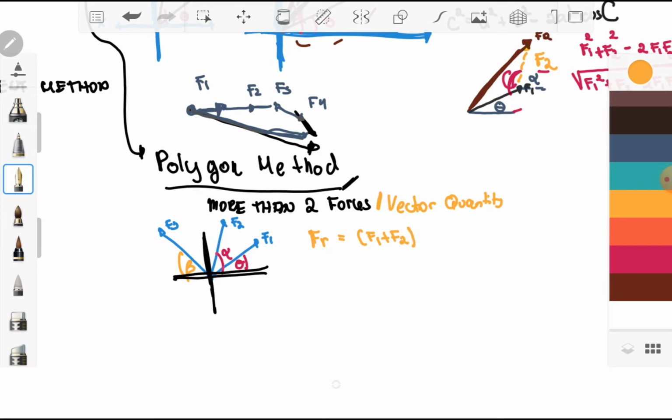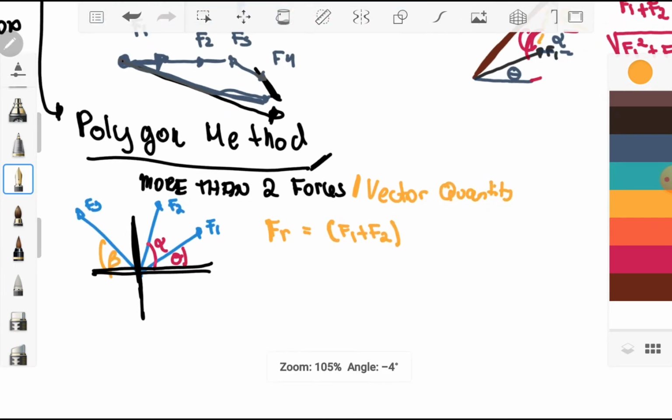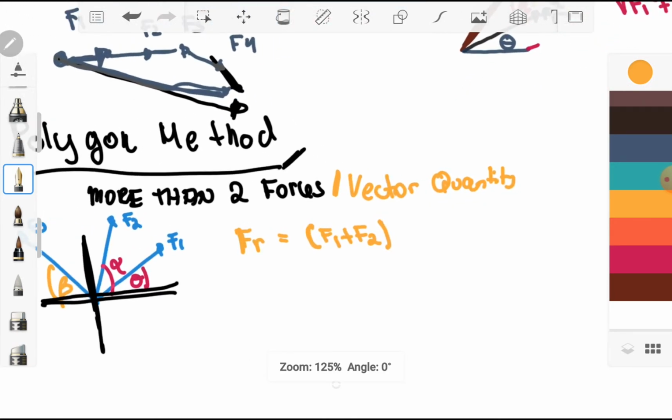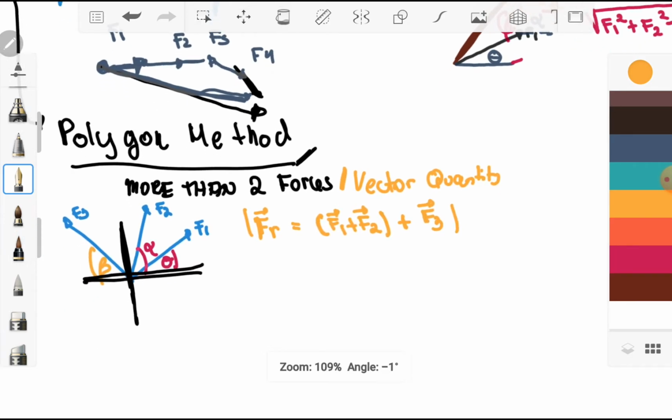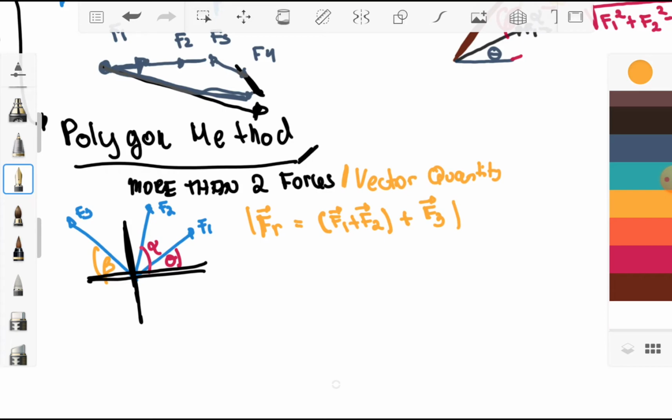I will have a parenthesis for this one, indicating that they should be the first ones to be added, plus my F3. That is when you will add 3 forces or 3 vector quantities. Take note that your vector quantity can also be velocities or displacements, not only forces. So these forces will just be used as an example.